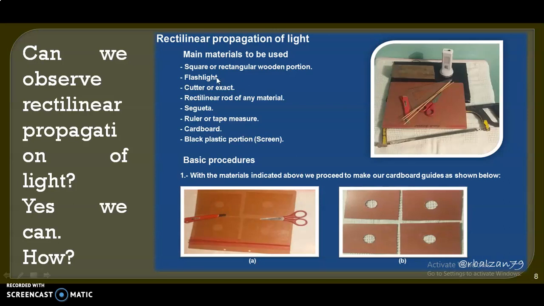So some of the objects that we require to make an arrangement to observe rectilinear propagation of light are square or rectangular wooden portion, flashlight or torch, cutter, rod of any material, segueta, ruler or tape measure, cardboard, and black plastic portion. Here, this one will act as a screen on which the light should fall.